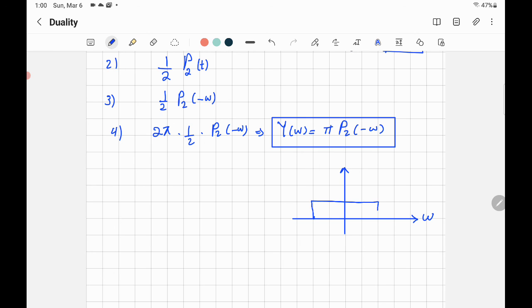It will look like that. And the width is 2, so you have negative 1 to 1. The height is pi. That's Y of omega. So Y of omega is a rectangular pulse, starting from omega negative 1 to omega plus 1. So that will be the answer. I hope you got it.